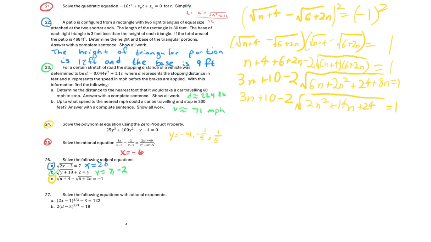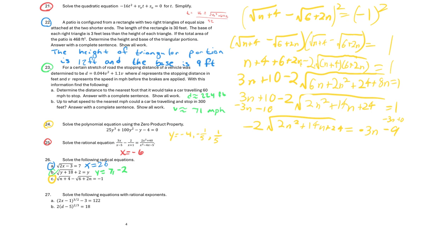Now what we're going to do is move this 3n and this 10 onto our right hand side. So now we're going to be left with minus 2 times the square root of 2n squared plus 14n plus 24. It's going to be equal to minus 3n minus 9.